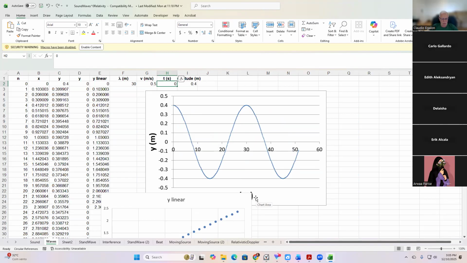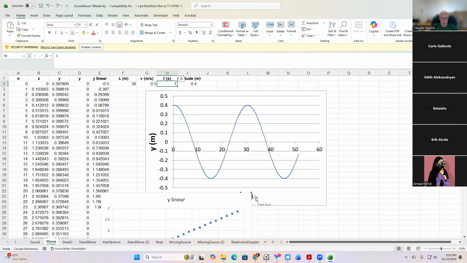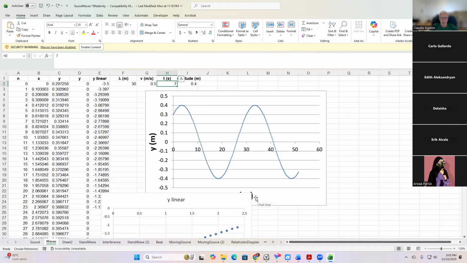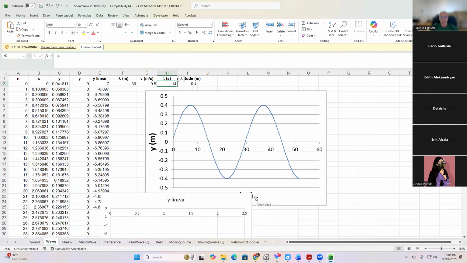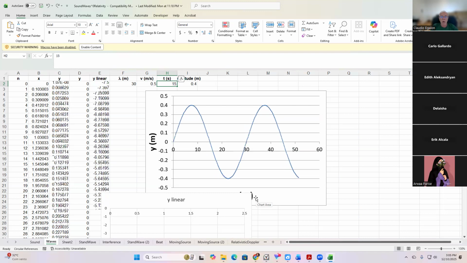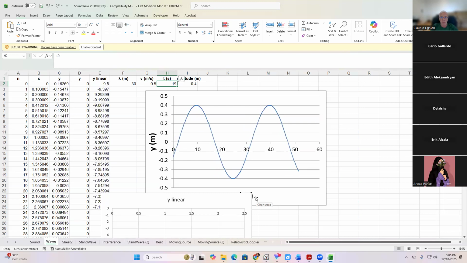You can see the wave is propagating from the left to the right, but the disturbance is transversal to the propagation of the wave. The disturbance along the string is up and down. It's not along the horizontal direction. Just like you move your rope up and down, the disturbance is perpendicular to the propagation of the wave, and that's why we call it a transversal wave.